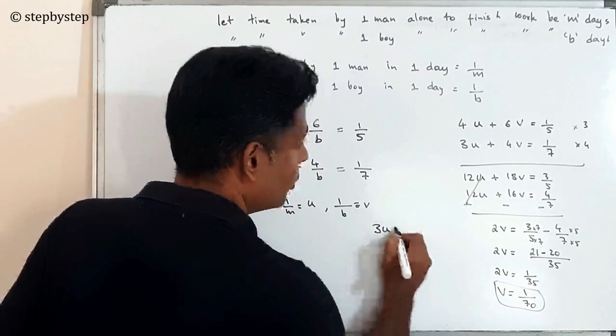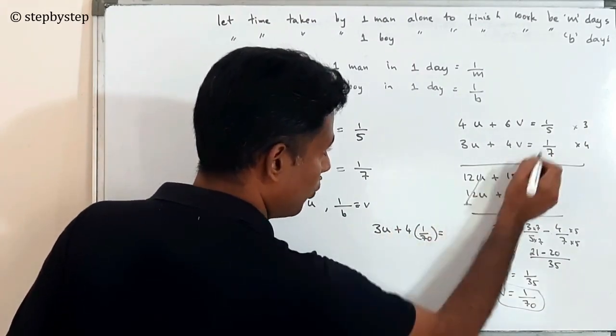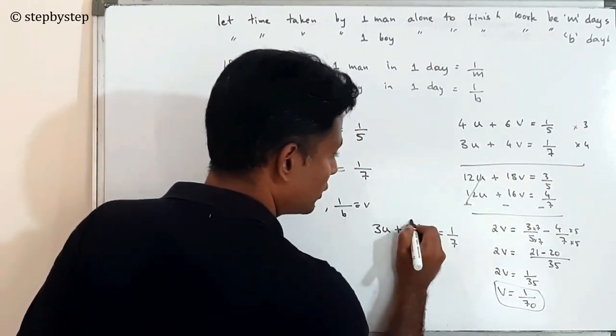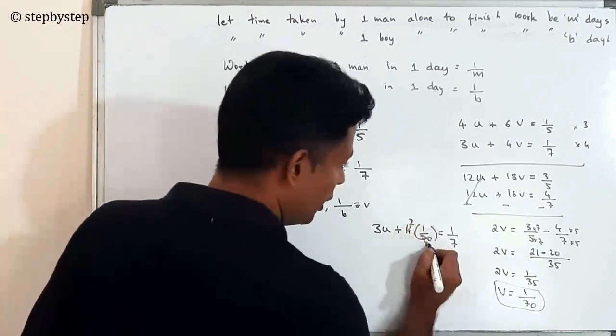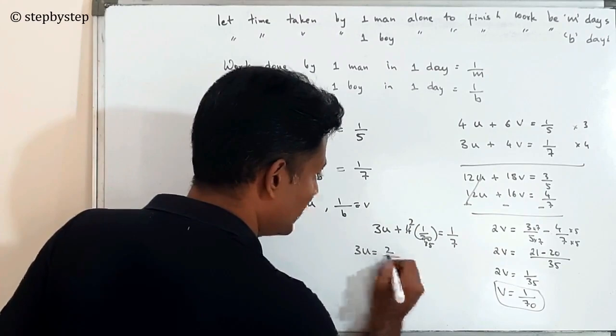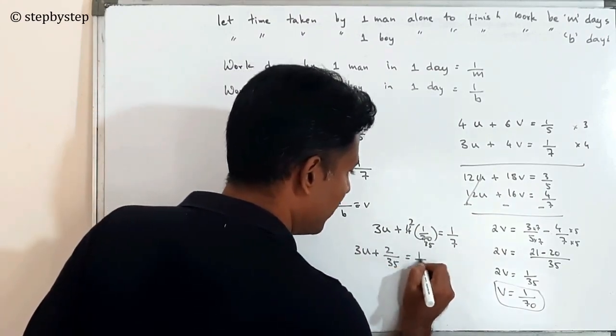I'll use this equation. So 3u plus 4 into 1 by 70 equal to 1 by 7. So 4 1s are 4, 2 2s are 4, 2 35. So what do I get? 3u plus 2 by 35 equal to 1 by 7.